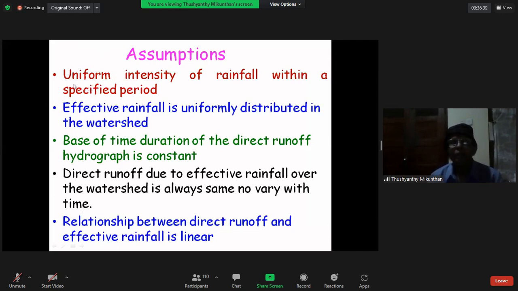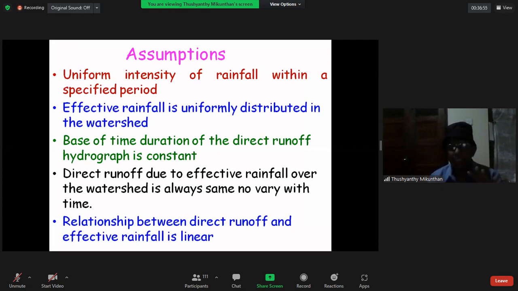First one: uniform intensity of rainfall within a specified period. So 1 hour duration of rainfall, again 4 hour duration of rainfall.